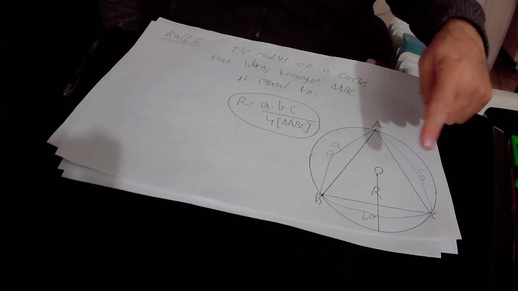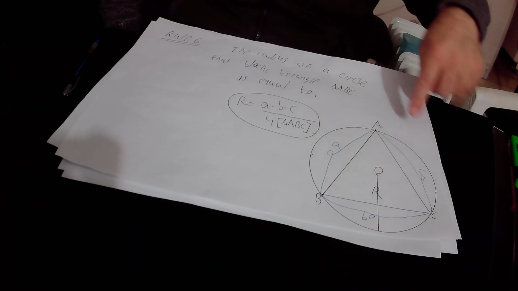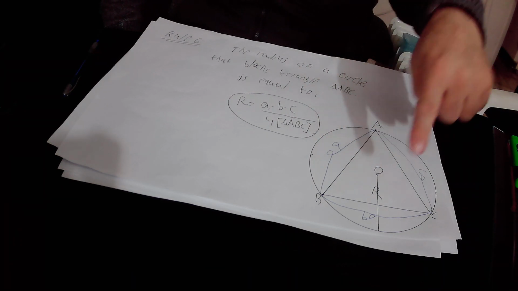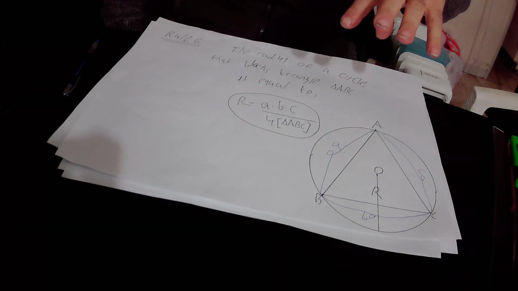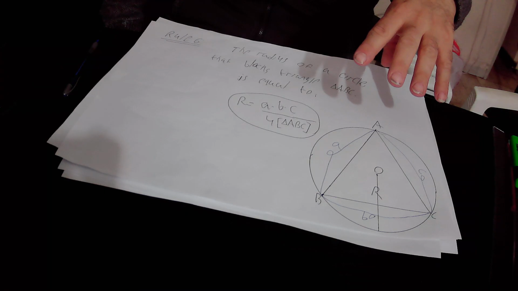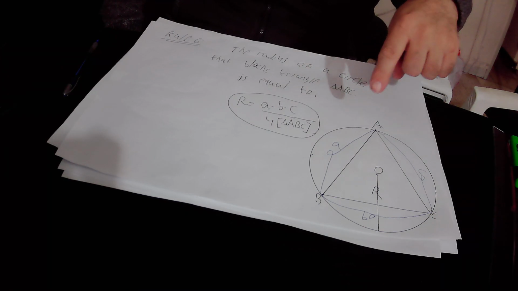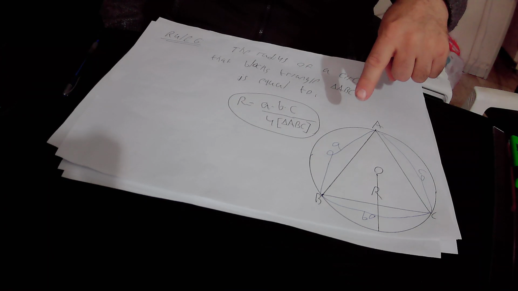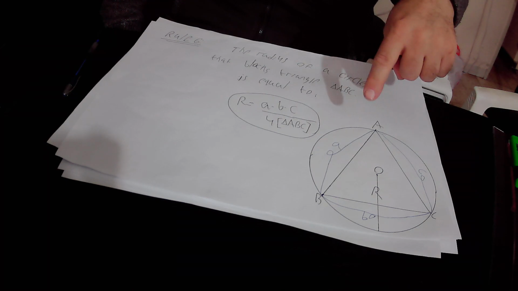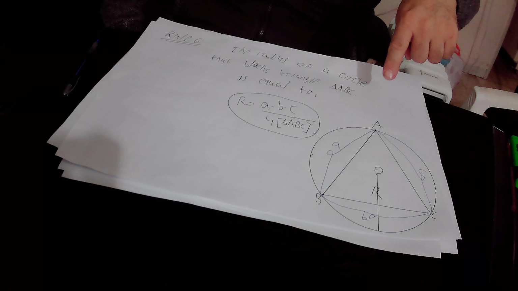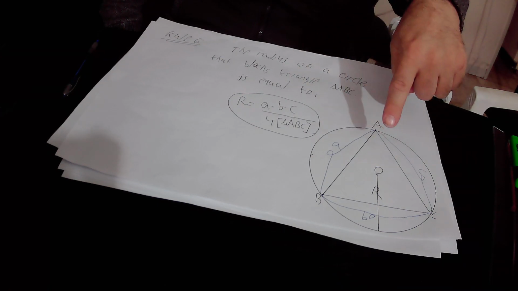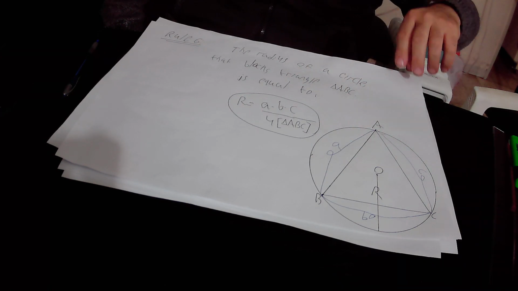So the radius of this circle that blocks this triangle ABC equals A times B times C, the multiplication of the side lengths of the triangle that is blocked by the circle, over 4 times the area of this triangle ABC.